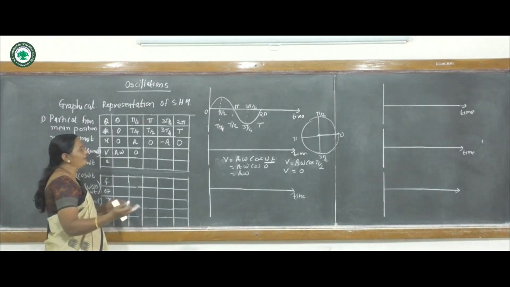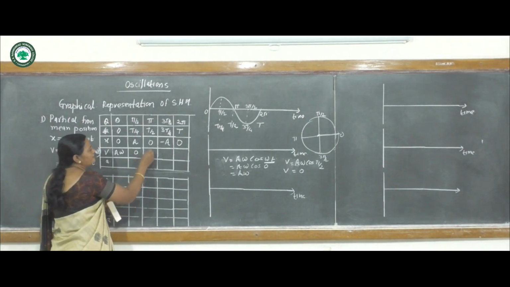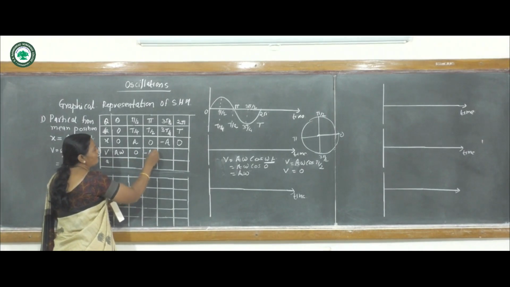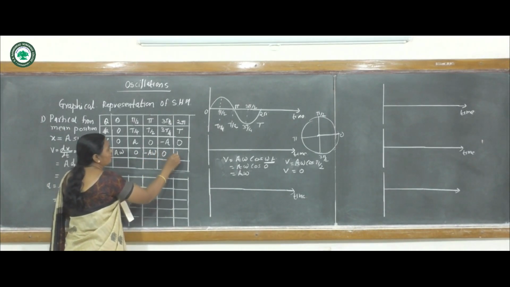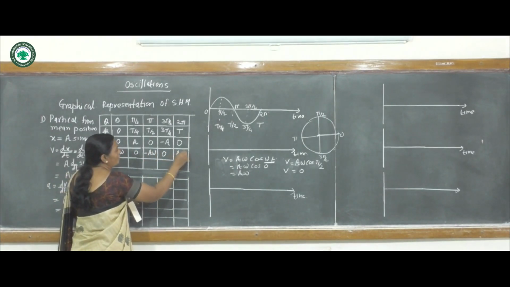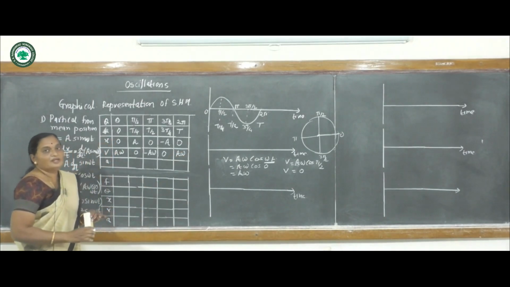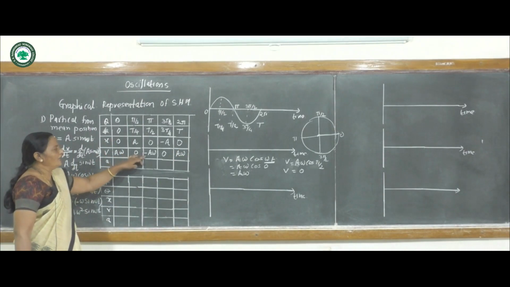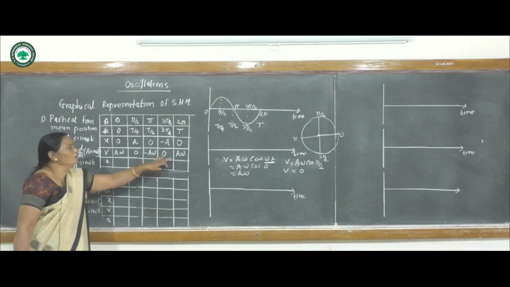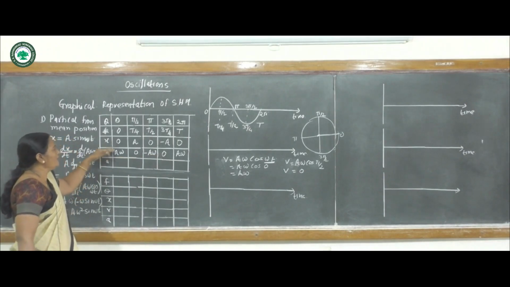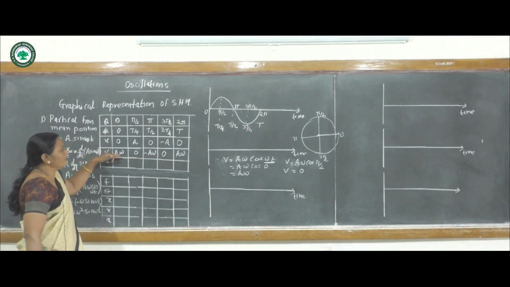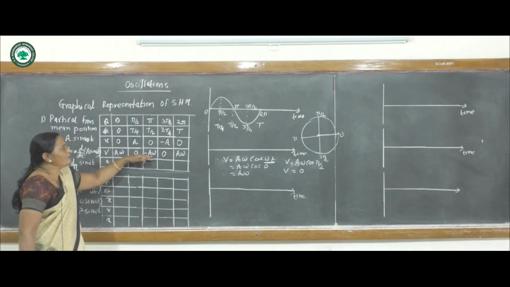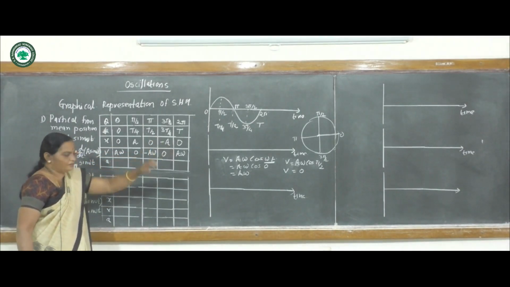Simultaneously we can write the values, negative, minus a ω, 0, then again plus a ω. The velocity values are a ω, 0, minus a ω, 0, plus a ω. These are the values for velocity when the particle is initially at the mean position, then at the extreme position, again mean position, extreme position, mean position.